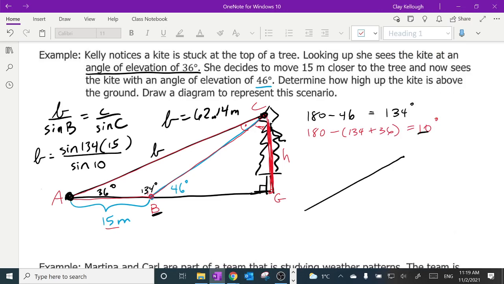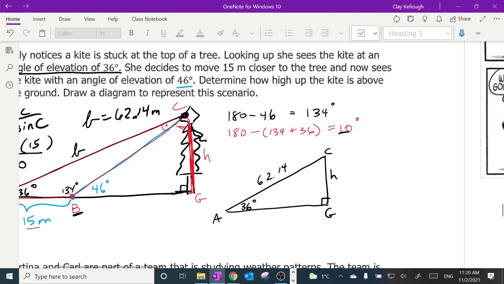That is the hypotenuse of the triangle that goes from A to C to G. So if this is the hypotenuse of 62.14 and this angle here is 36, how do I find the height? If I'm back in right triangles, I'm back in SOHCAHTOA, which one is it? It's a sine. Can you use sine law?